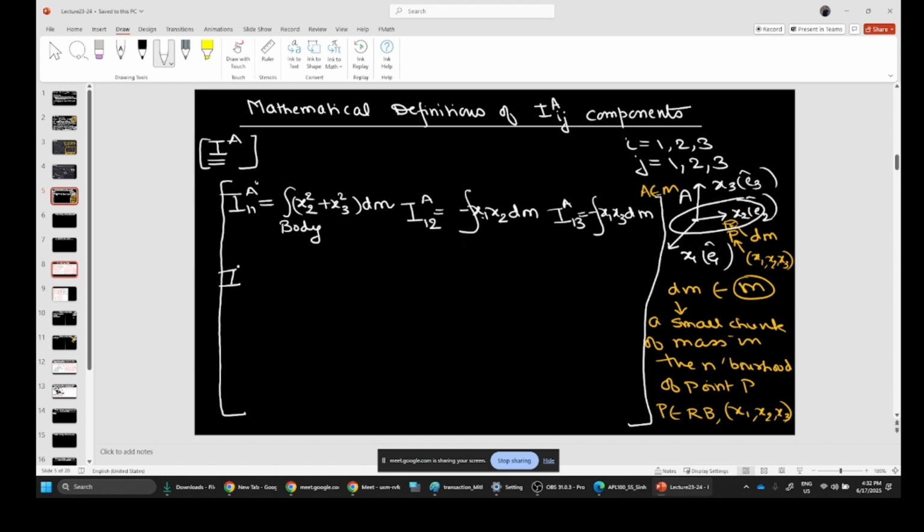The next place is for IA21, right? 1, 1, 1, 2, 1, 3 I have written. What is IA21? IA21 is going to be x2, x1, dm. Next place is for IA22, and that is going to be x3 square plus x1 square dm.